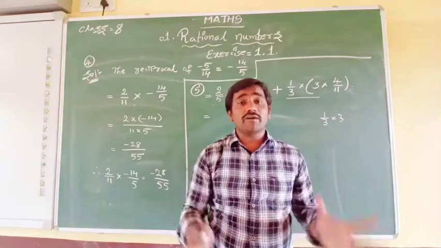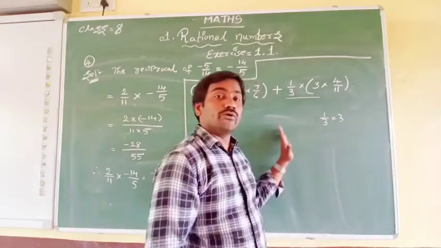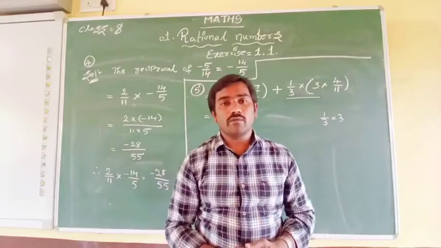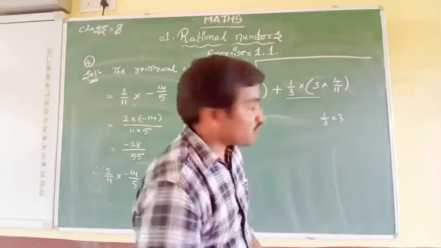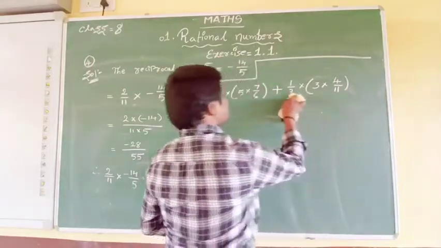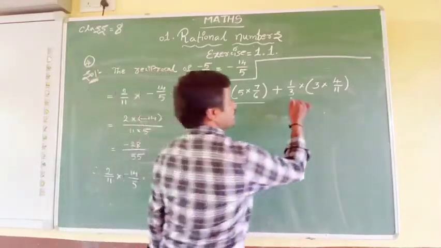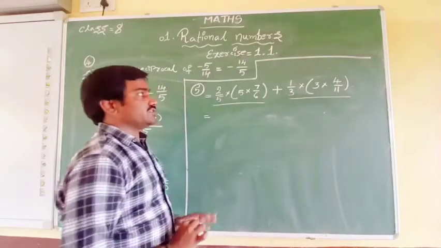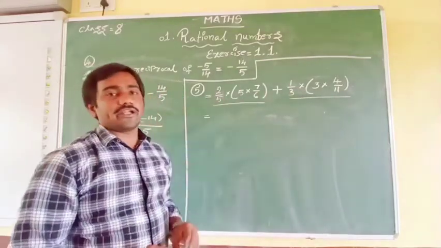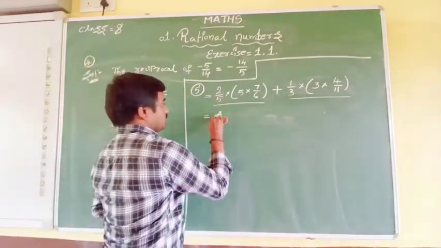So these are the properties we can use to compute this problem. Normally I go with this first. So these are all the properties we can use: associative property under multiplication.